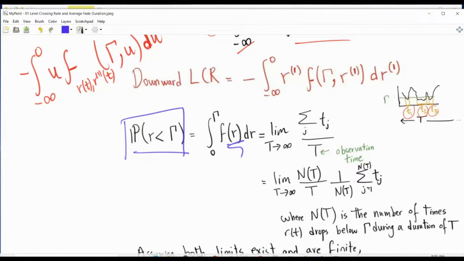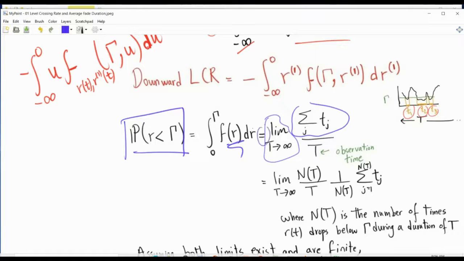What you will do is you keep measuring the process, and you measure those T1, T2, T3, T4, and so on over a huge observational period. And then you sum the T's and divide by big T. Again, you need T to be really big, so here we have the limit as T goes to infinity.